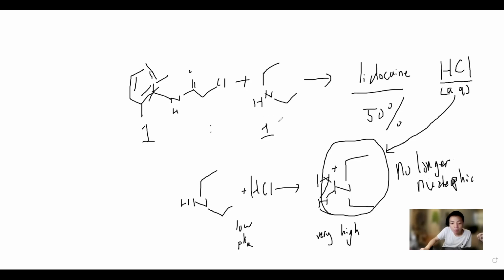And therefore, it was cut by half. You lost half of your reagents, and that's why the yield is 50%. To make that up, you can choose 1 to 2, but if you really want to ensure that all of your limiting reagents are reacted, use 1 to 3, just to make sure that the amount of lidocaine you want to make is there.